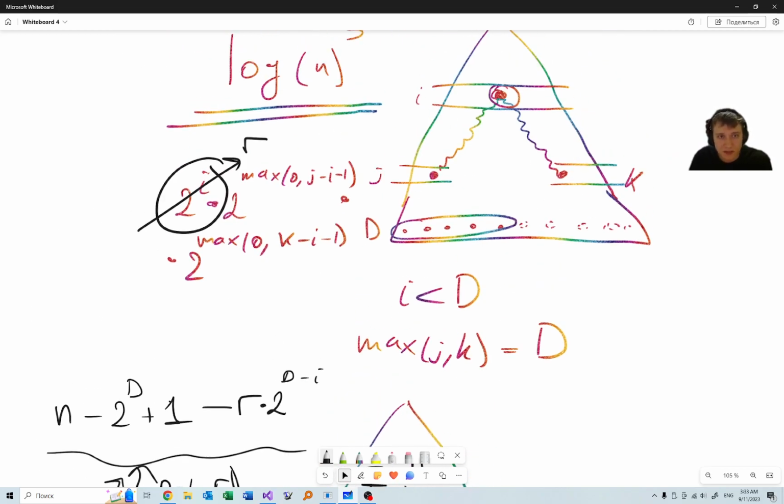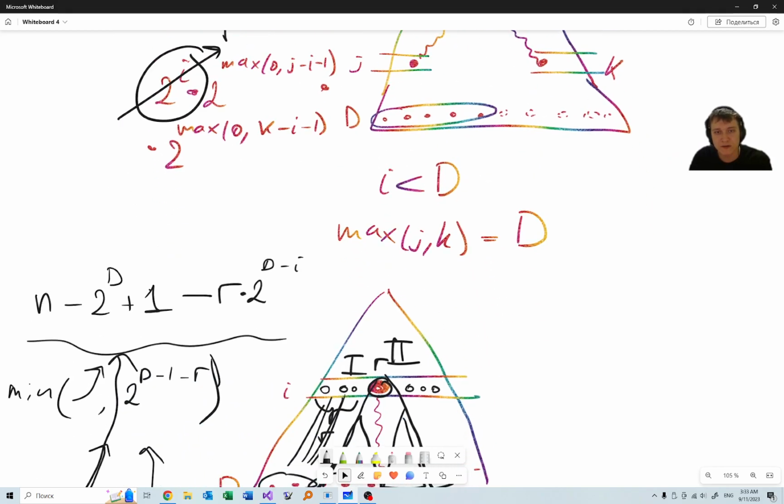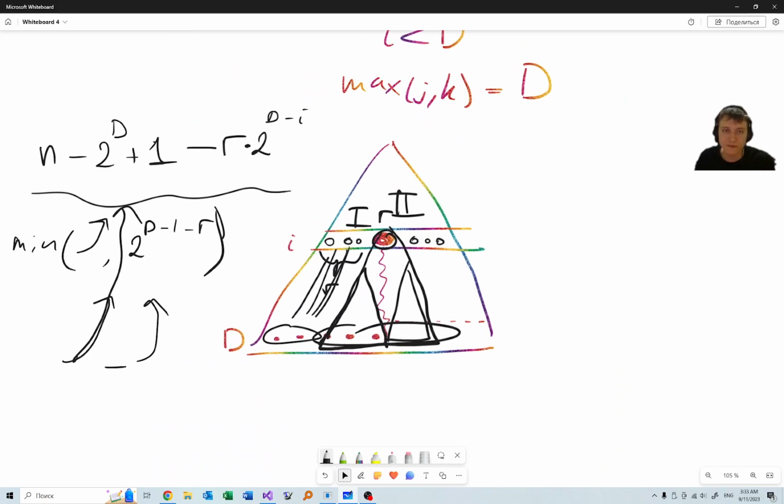And you can, if needed, replace these powers of 2 with these precomputed numbers. And in the third case, the answer is 0, because j or k is equal to D, but there are just no D's either in the left tree or in the right tree. So that's it. There is a certain formula to find r, but it is also found during the screencast, so you can look there if you are interested.